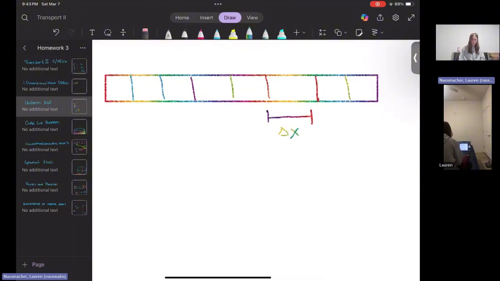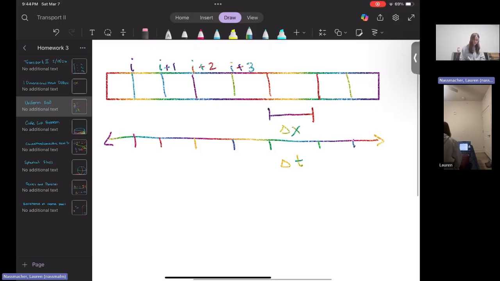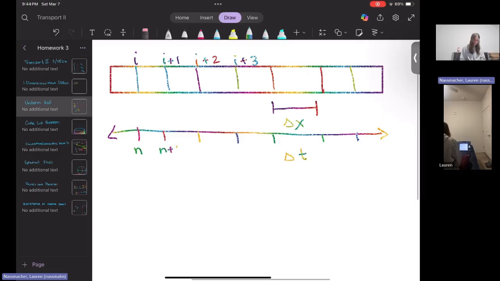And that's going to be over equally spaced units of time, so delta t. We'll say that this is a timeline. And we'll equally divide those as well. Each spatial segment we'll label as i, so this is i plus 1, i plus 2, i plus 3, and each segment of time is n plus 1, n plus 2, n plus 3.